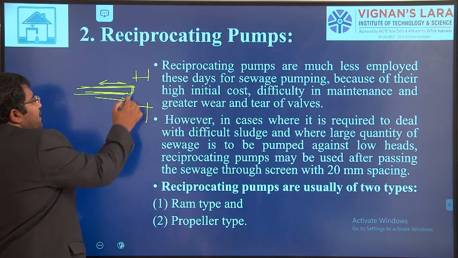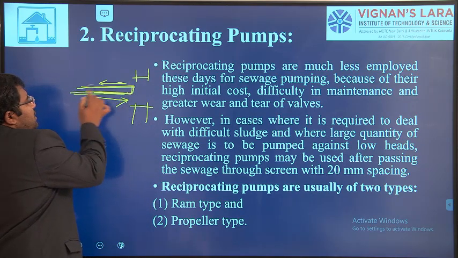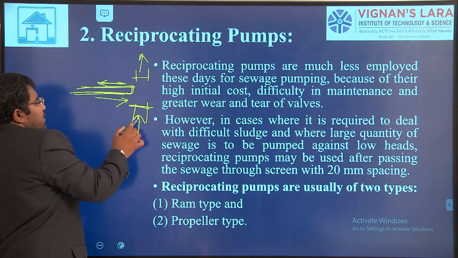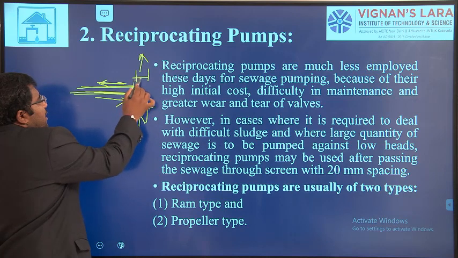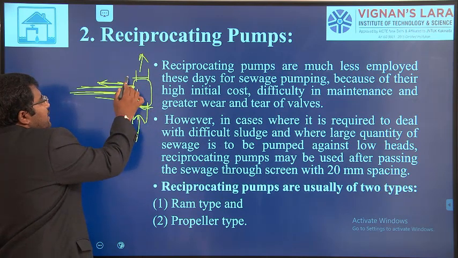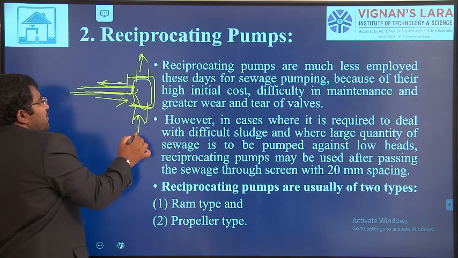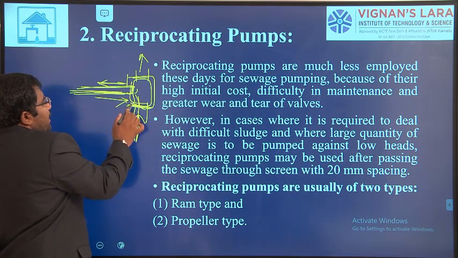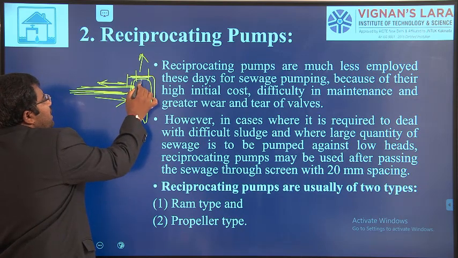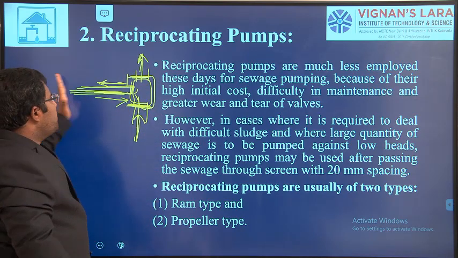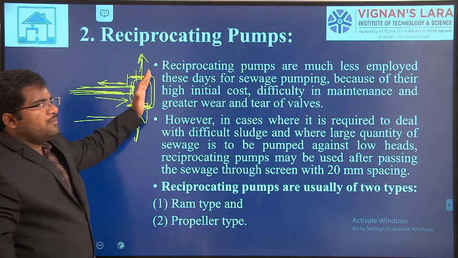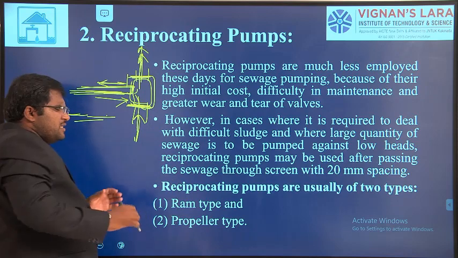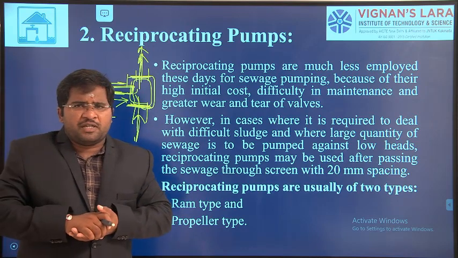Whenever the piston moves in this direction, this inlet valve opens and the liquid fills the cylinder. Once it comes back, this valve closes and the outlet valve opens. Now the fluid is pressed with high pressure so that the liquid will rise here. This is the basic principle of the reciprocating pump.